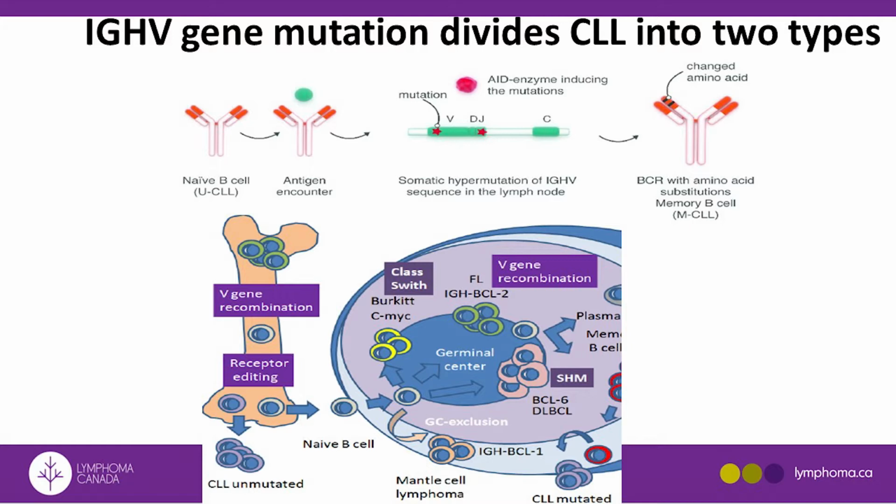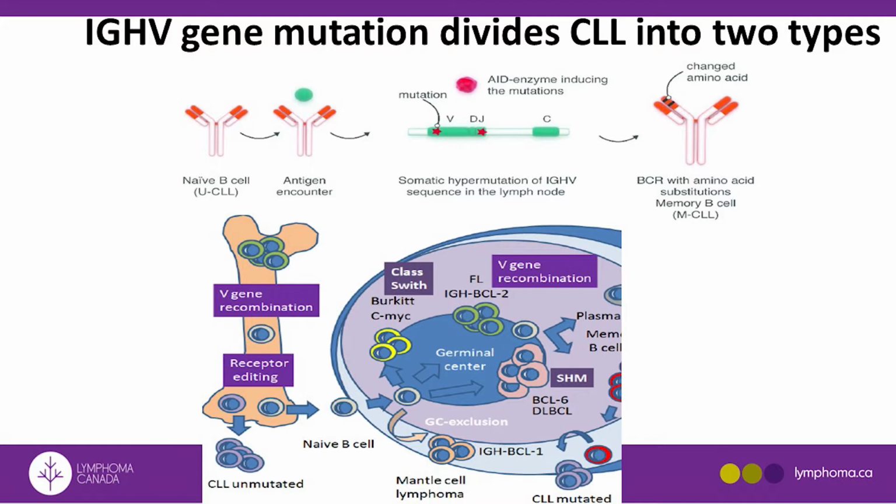So when B cells come out of the bone marrow, their B cell receptor is composed of genes that are found everywhere in the body, in every cell in the body. And so the B cell receptor is then referred to as being unmutated.